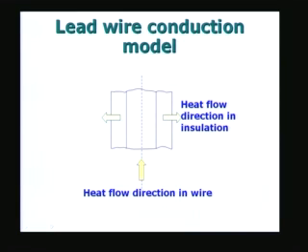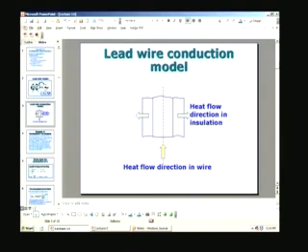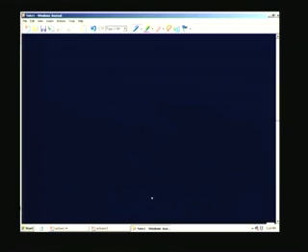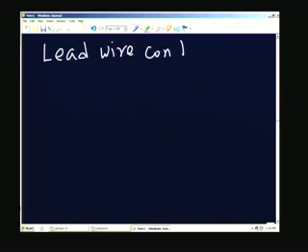So, the idea is to look at a typical application where such a situation exists and find out how to make calculation of the heat loss due to conduction, and then see how it is going to affect the temperature which we are going to measure. So, the lead wire conduction model.